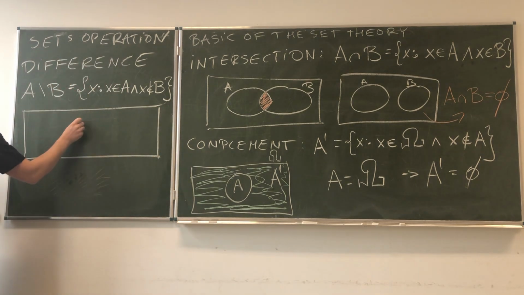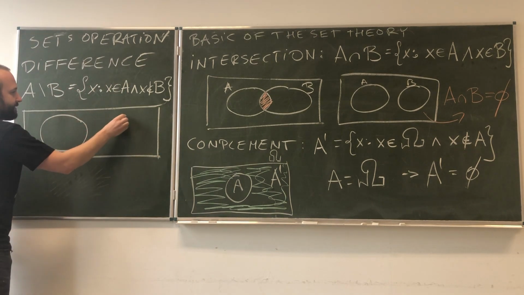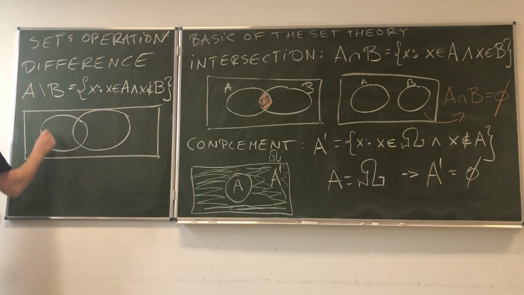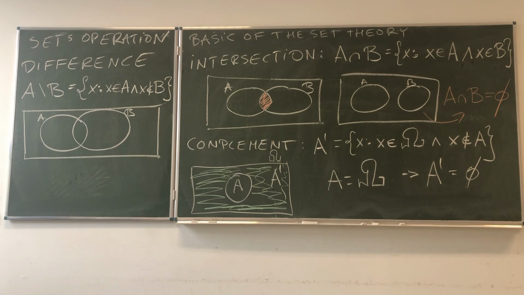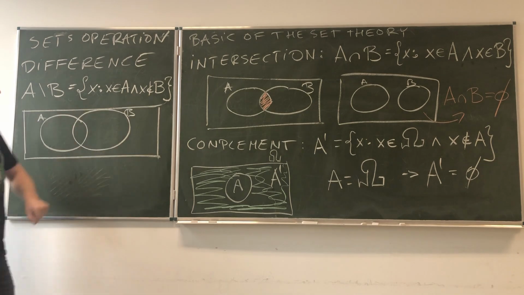Well, if here is my set A and here is my set B, I just want to have those x's that are members of A but are not members of B, right?